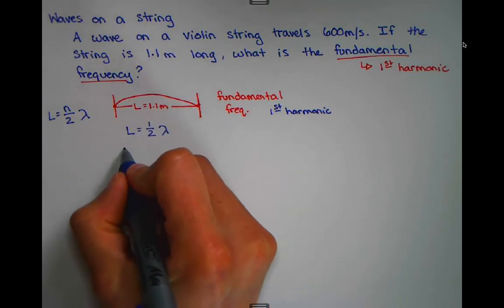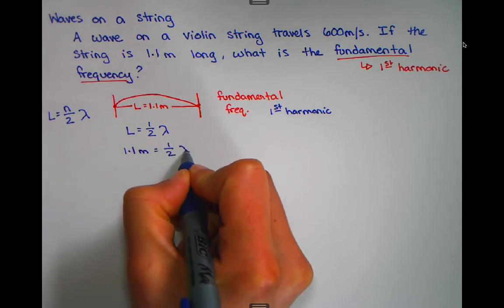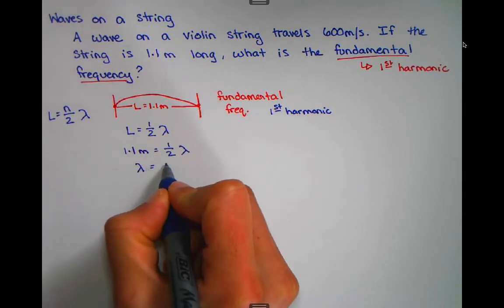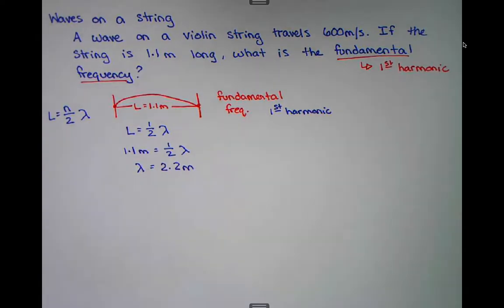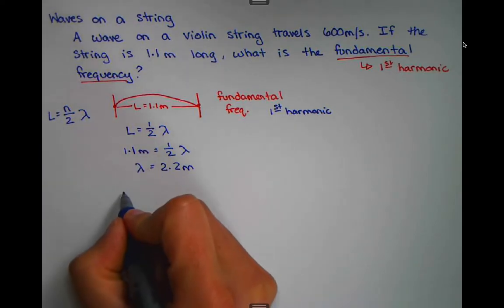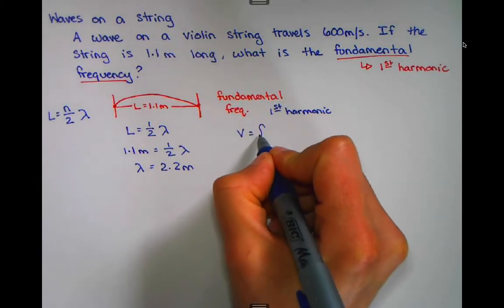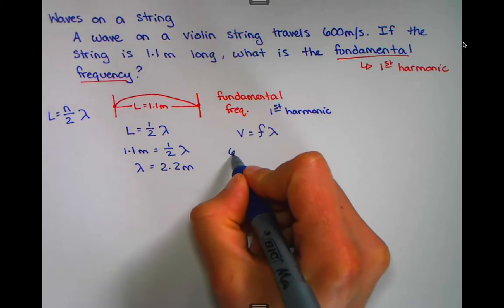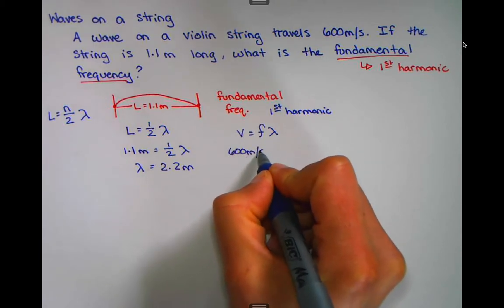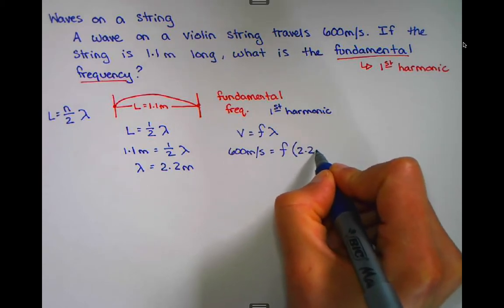So I have 1.1 meters is equal to half of a wavelength, which gives me one whole wavelength is 2.2 meters. Now, using some of the given information, I can calculate the frequency of this wave. The speed of the wave was 600 meters per second, so we're just going to use v equals f lambda. 600 meters per second is equal to the frequency times the wavelength, which is 2.2 meters.